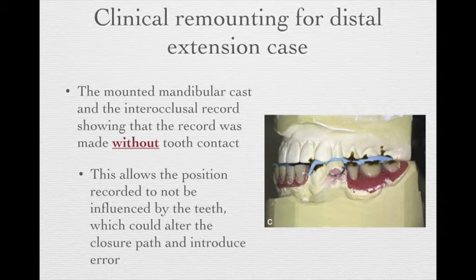So if your artificial teeth already contact the opposing teeth, you might create some errors in your records. So it is very important to ask the patient to close but never over-occlude, so you leave some space between the teeth of your partial denture. You may ask, how do we know that's accurate?